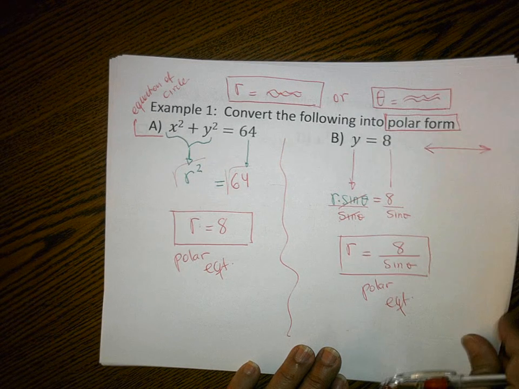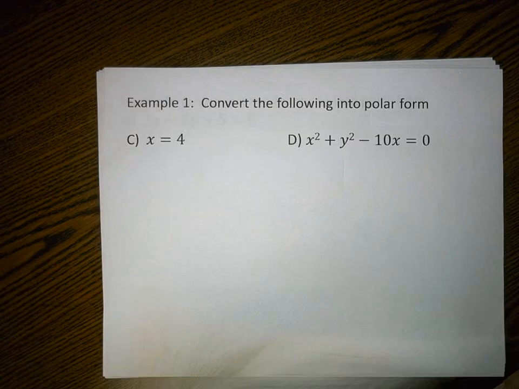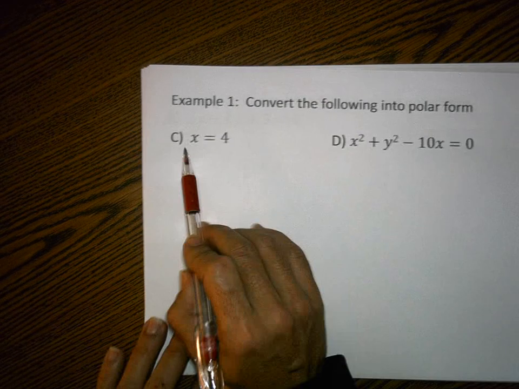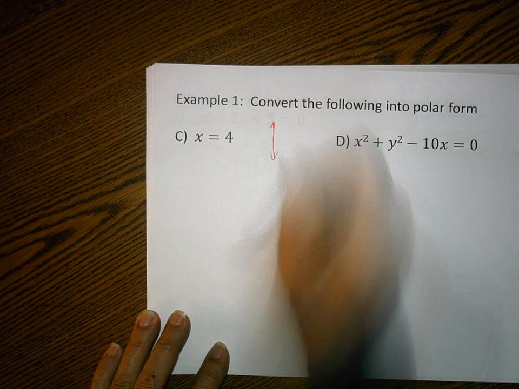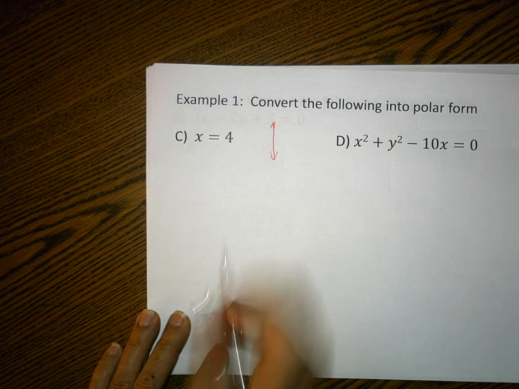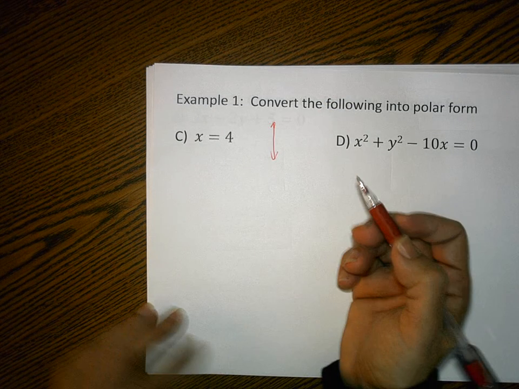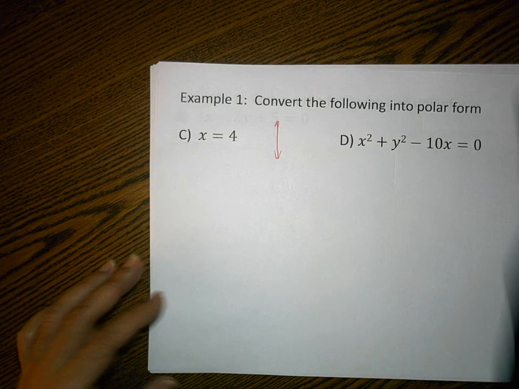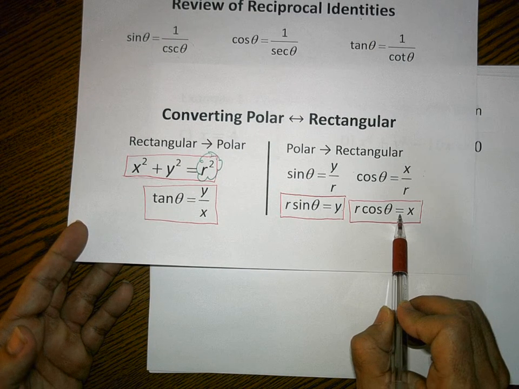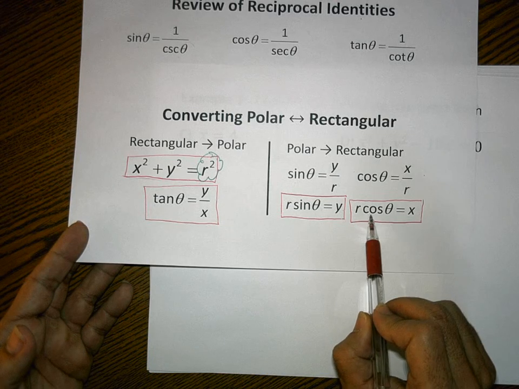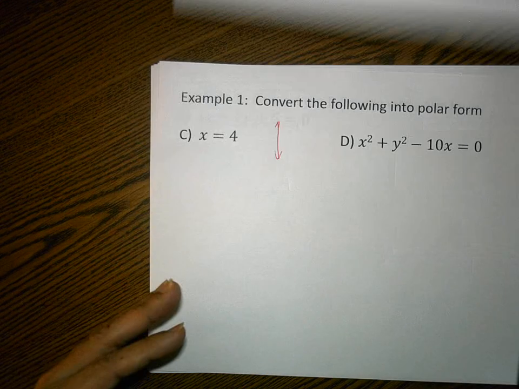Okay? All right, let's try another one. x equals 4. That is a vertical line. How would that be represented in a polar equation? Well, over here on our little formulas, we know that x can be substituted for r times cosine of theta. Very simple.